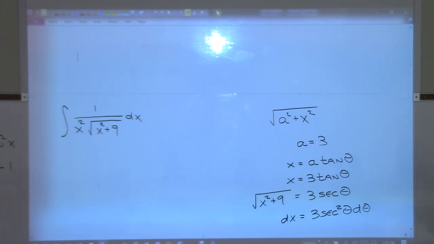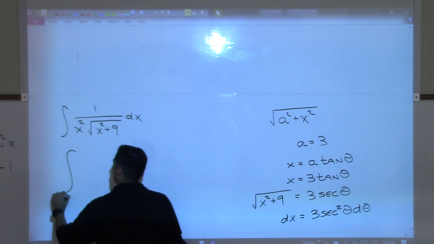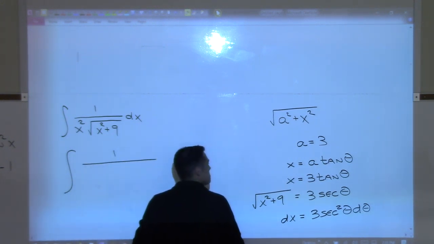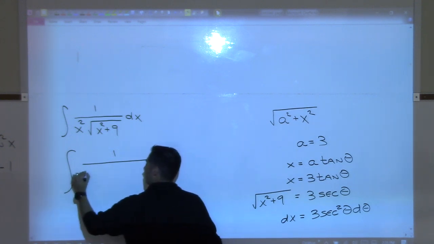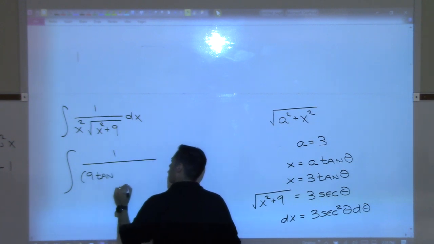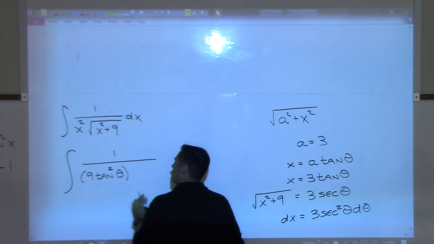James Sykes is up. All right, James, help me rewrite this integral, please. We are going to be rewriting it as 1 over, the way I wrote it was parentheses 9 tangent squared theta, good, and then multiply that by 3 secant theta.